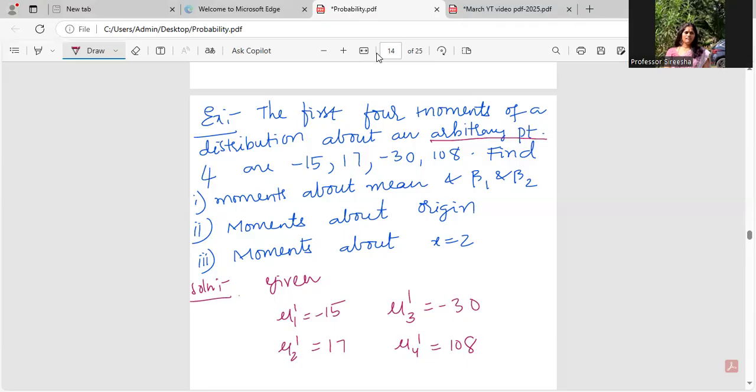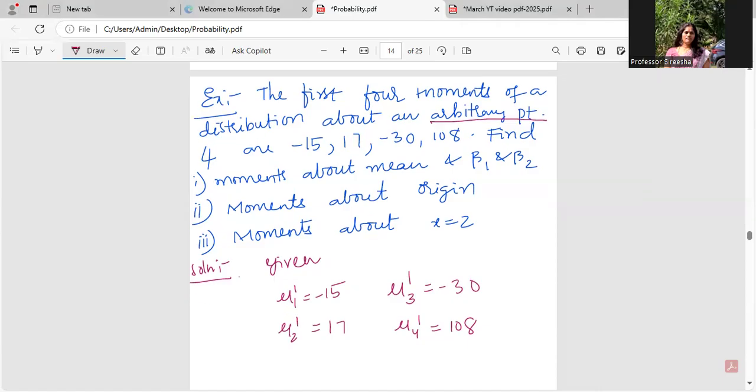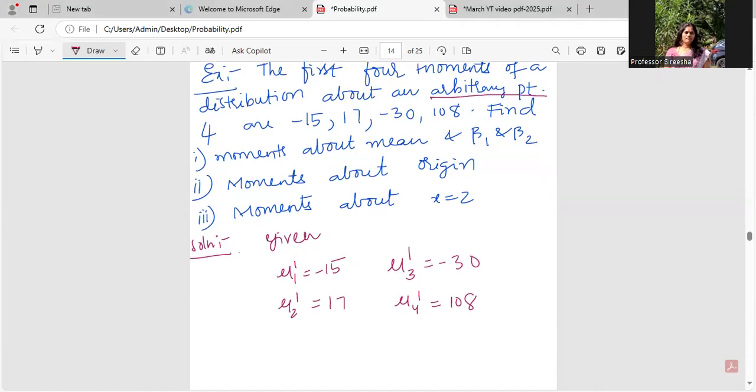What you're being asked to find are the moments about the mean. So you should know the relationship between the moments about an arbitrary point and the moments about the mean. The expressions for mu2 prime, mu3 prime, and mu4 prime are very huge.